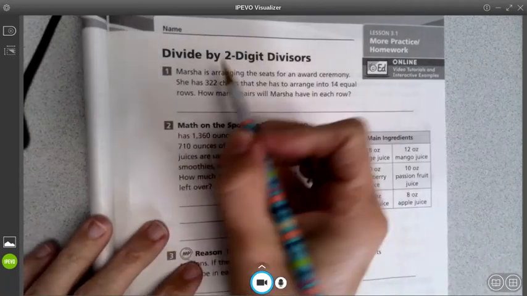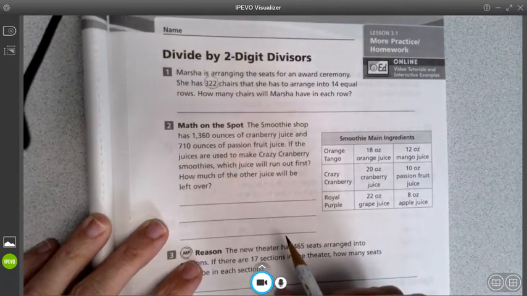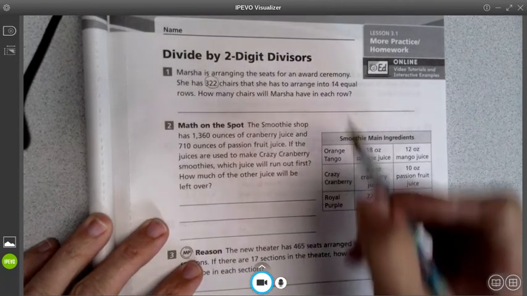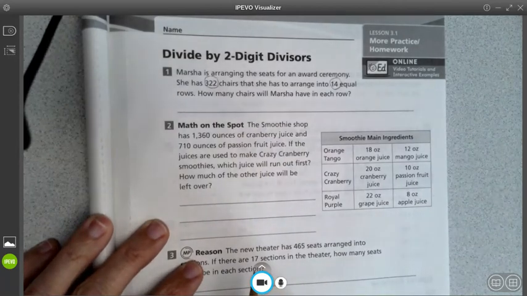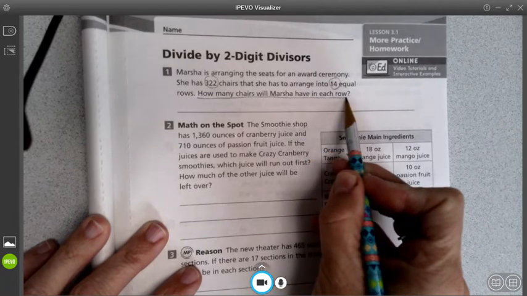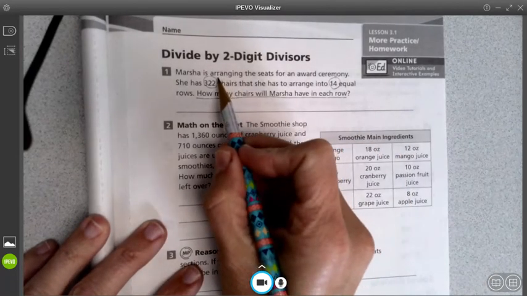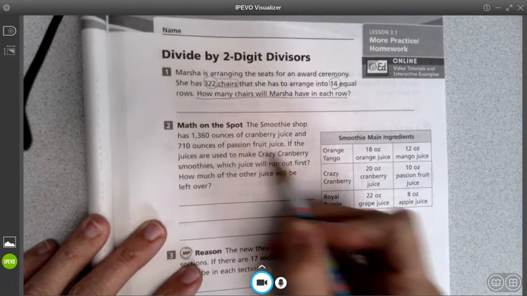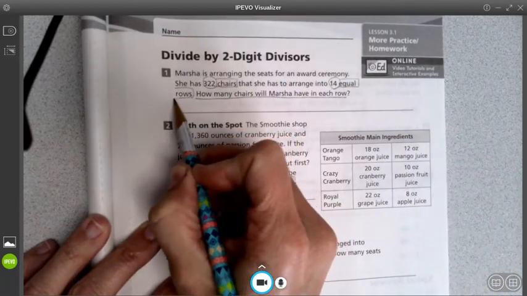So if we look at our quantities, I see 322, I see 14. So I've circled the quantities. How many chairs will Marcia have in each row? That's what we're solving for. And it's important to note that these are 322 chairs and 14 equal rows.